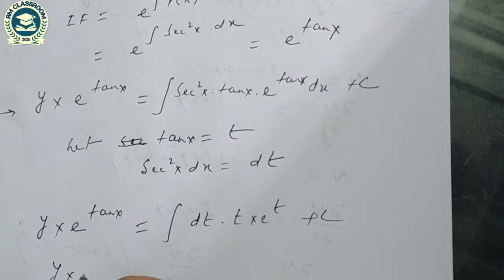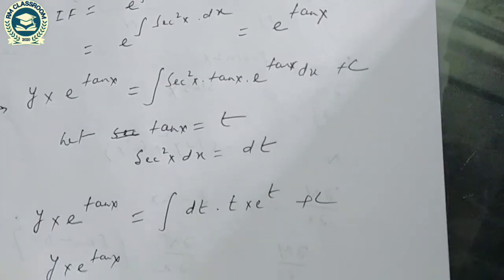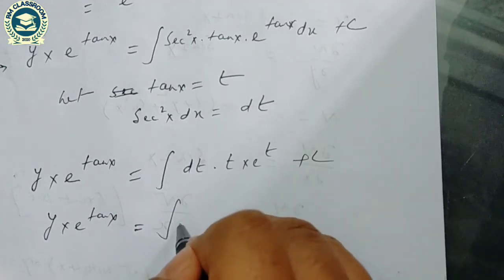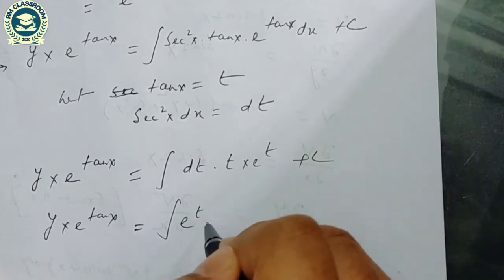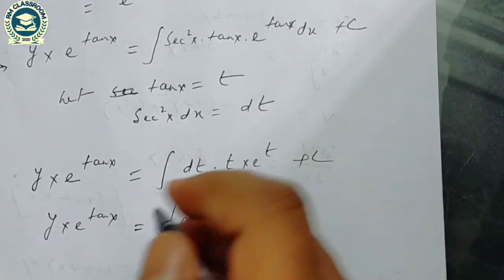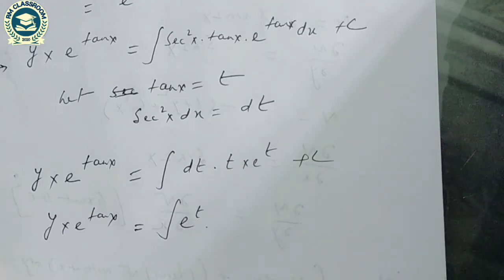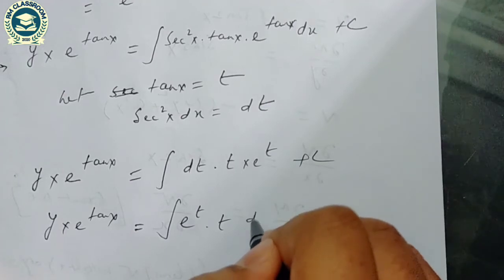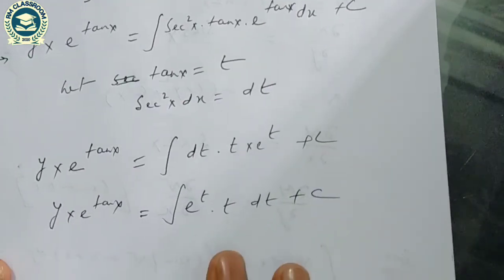So y times e to the power tan x is equal to the integral of e to the power t into t dt plus c.